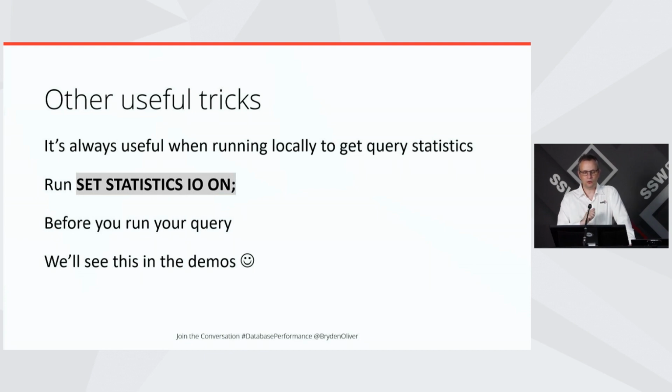So at the top of your query, add the following: set statistics IO on, and that will collect some IO statistics and give it back to you in the messages along with the results of your query. I won't demonstrate that now because we'll see that in every step of the demos. I use that extensively to show you exactly the performance improvements we're getting, because we can then see them.